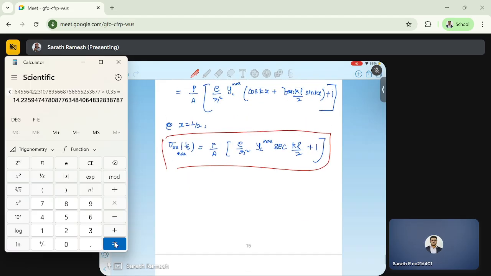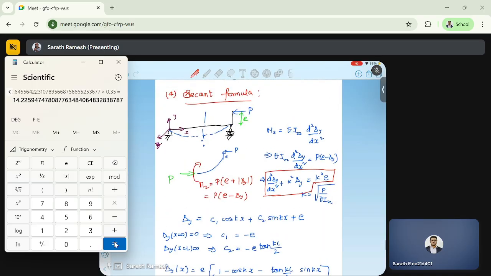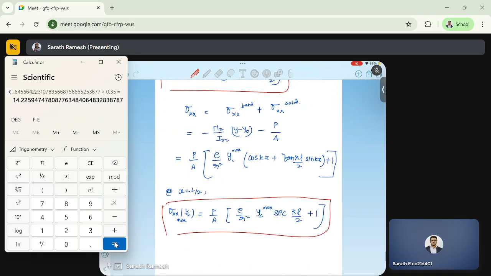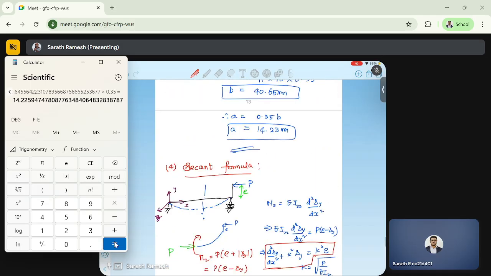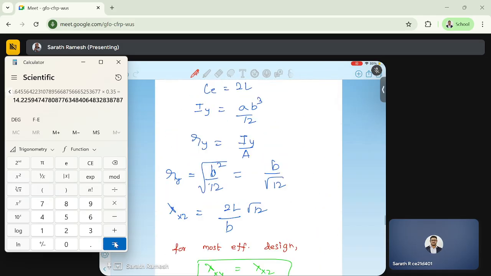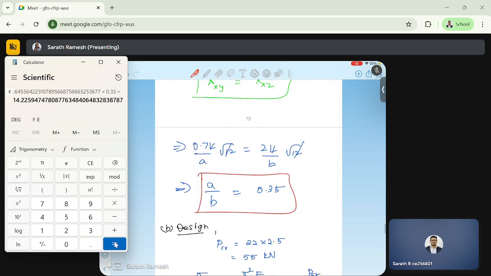Now let's see a problem based on this particular topic of the secant formula. Problem number 5.